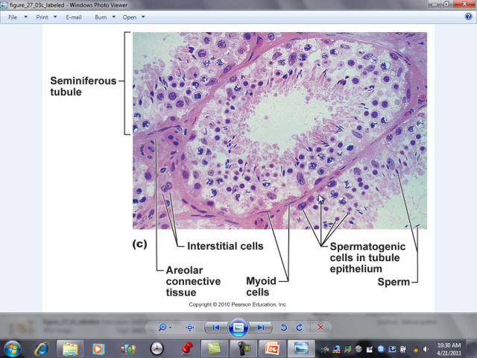This one's in prophase. Aha! They are starting to mature and divide.